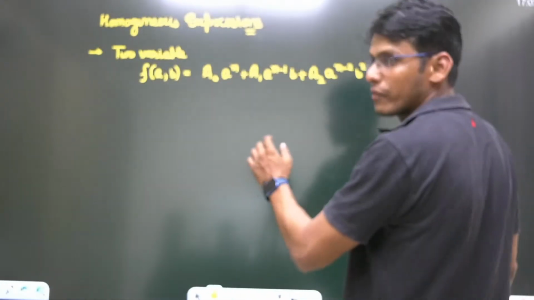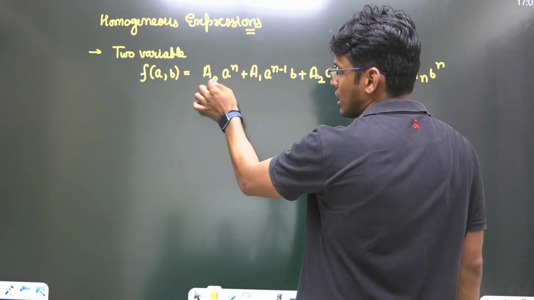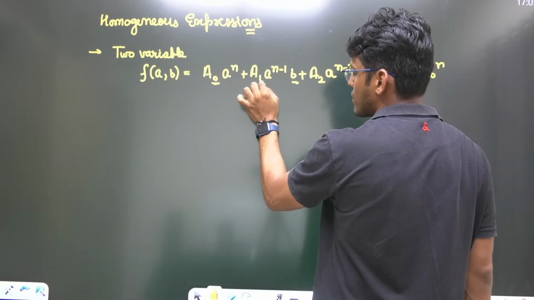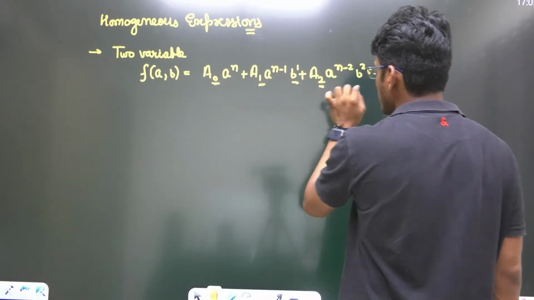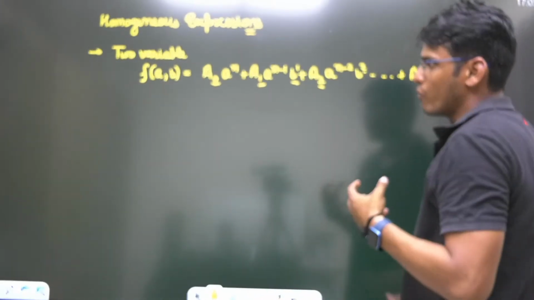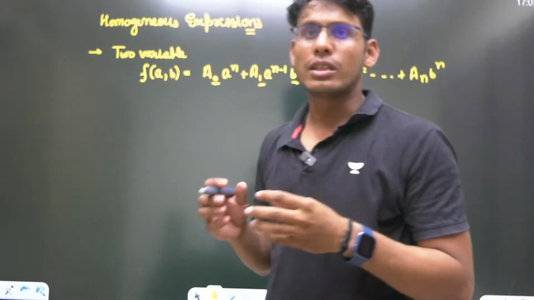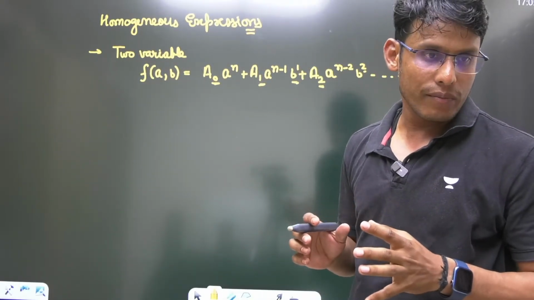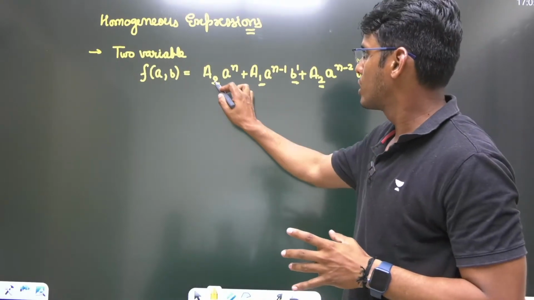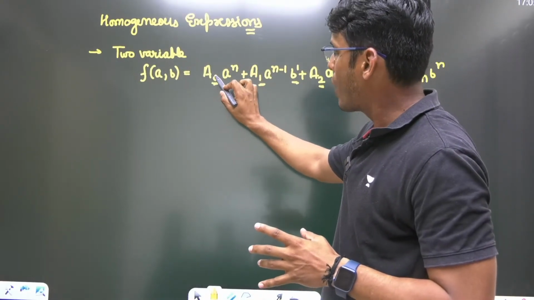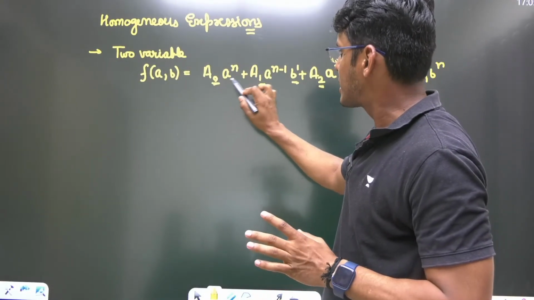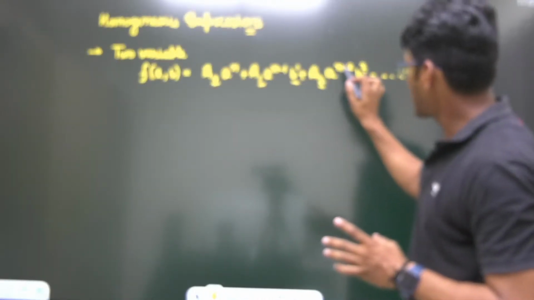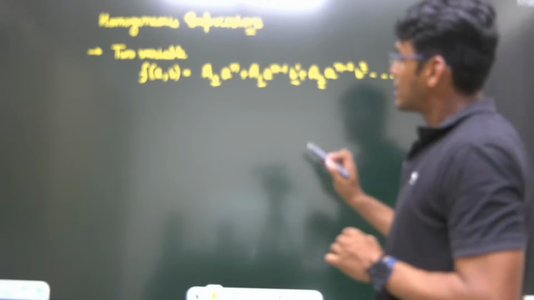You can see here that the index of a and the power of b follow a pattern. If it is 1 here, it is n minus 1 there. If it is 2 here, it is n minus 2 there. When you add these, 0 plus n is n, 1 plus n minus 1 is n, 2 plus n minus 2 is n.